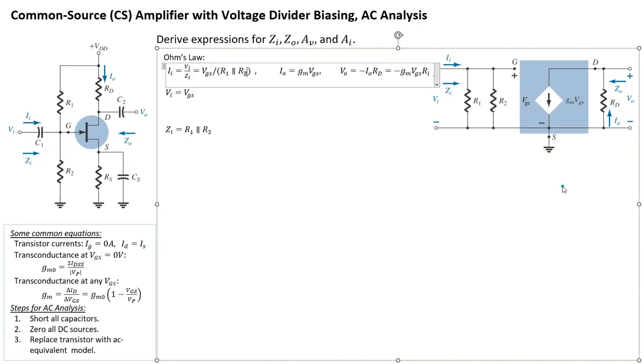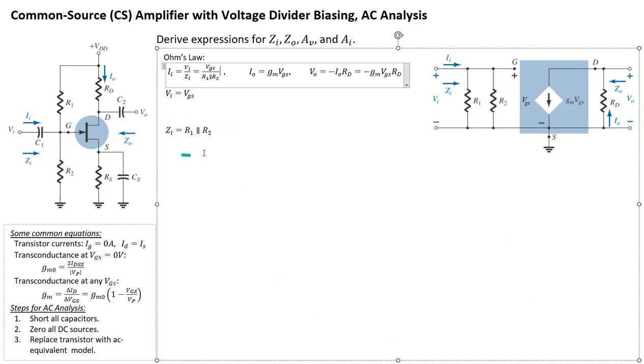So VI is simply VGS, divided by, open bracket, R1 parallel R2, close bracket. So that's what II is.